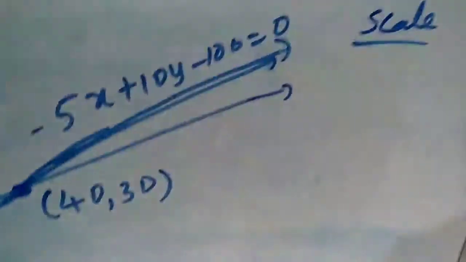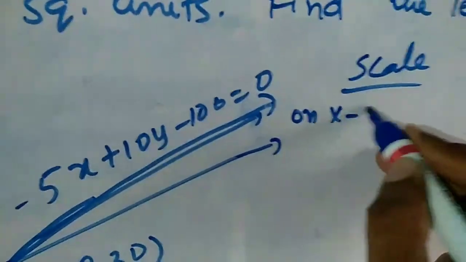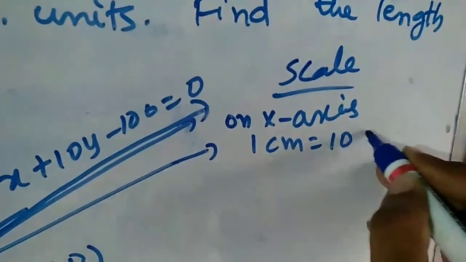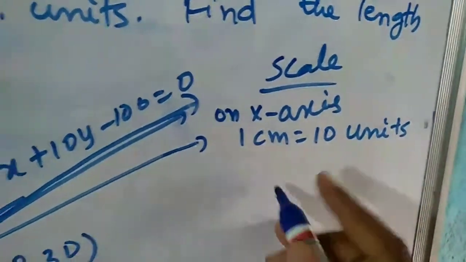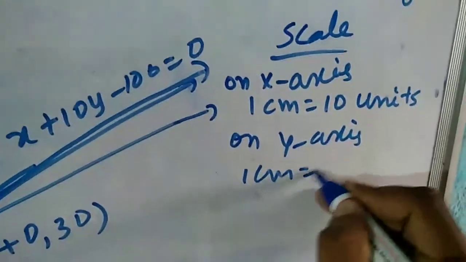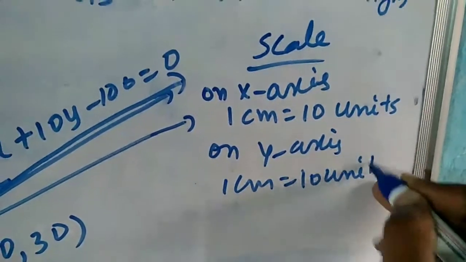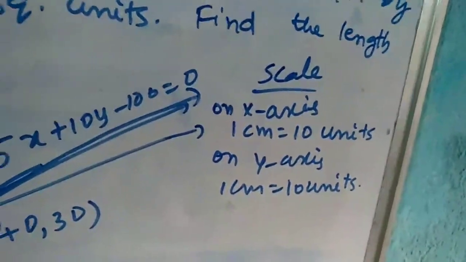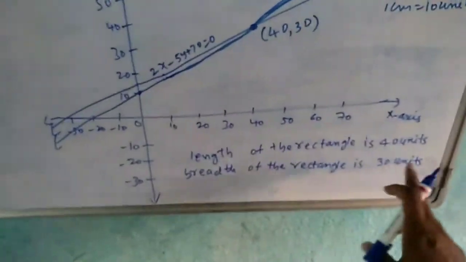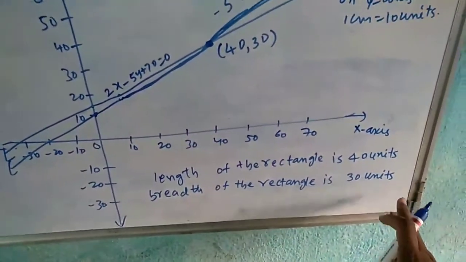Okay, so for this scale on x-axis 1 cm is equal to 10 units, on y-axis 1 cm is equal to 10 units. Don't forget to write the scale on the top right side of the graph. So finally we get the answer as length of the rectangle is 40 units, breadth of the rectangle is 30 units.